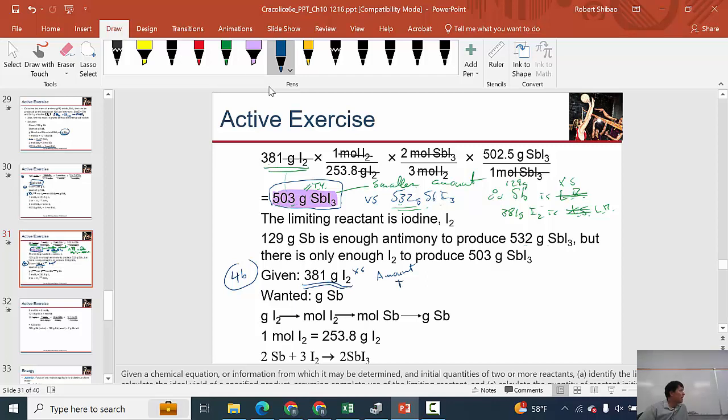And so the amount of iodine that is excess left over equals the initial amount of iodine minus the amount of iodine consumed by the LR, the limiting reagent.